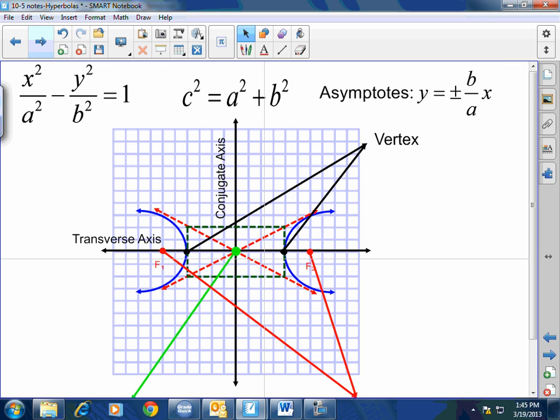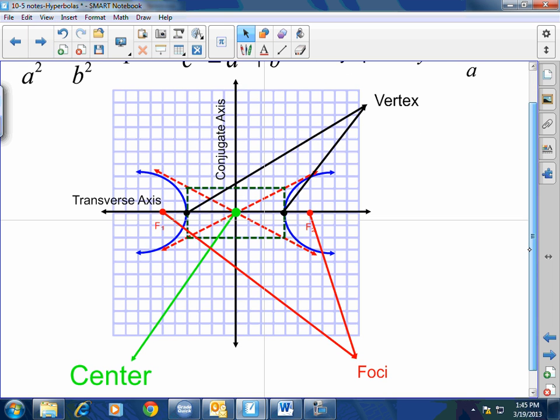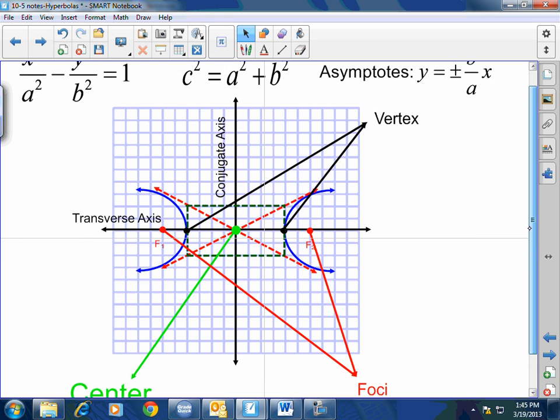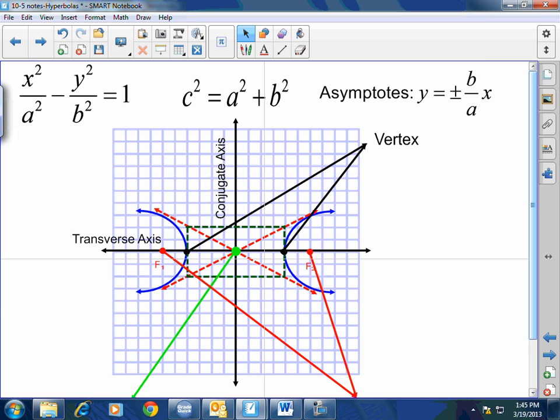Okay. Then we went on to show the formulas. I'm not going to talk about this again because we already talked about it. It's pretty self-explanatory. I'm not going to waste your time. Just remember, unlike the ellipse, it's not that A will be bigger than B. No. If I have the positive 1 is x squared, that means my transverse axis from vertex to vertex is the x-axis.